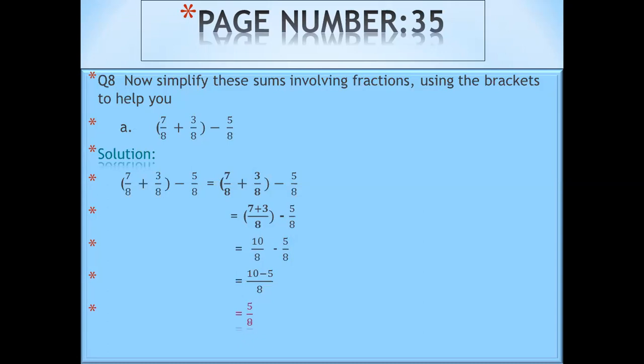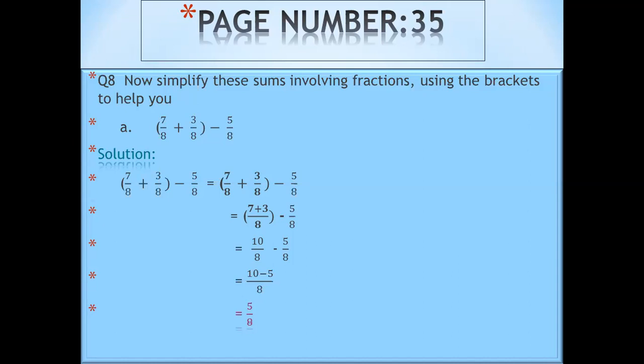Yes, question number 8. Now simplify these sums involving fractions, using the brackets to help you. In this question, there are 4 parts and in each part you see the numbers are given in the form of fractions, and again the concept of brackets.